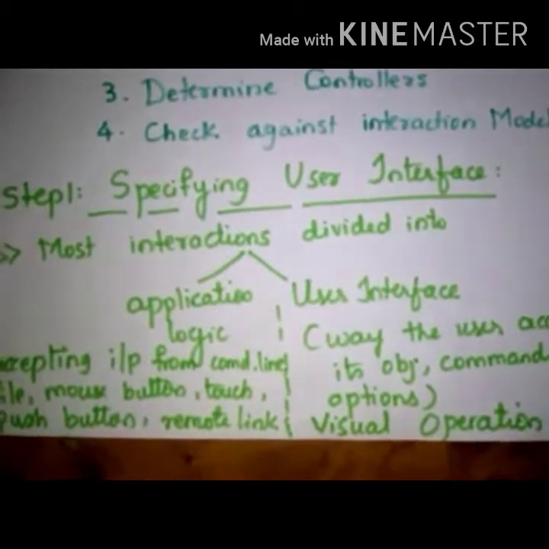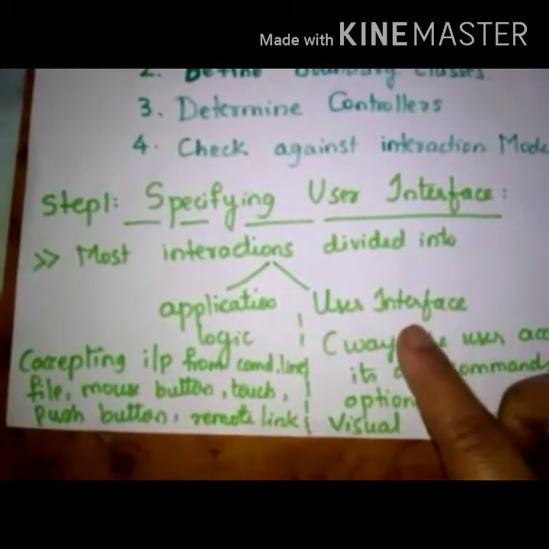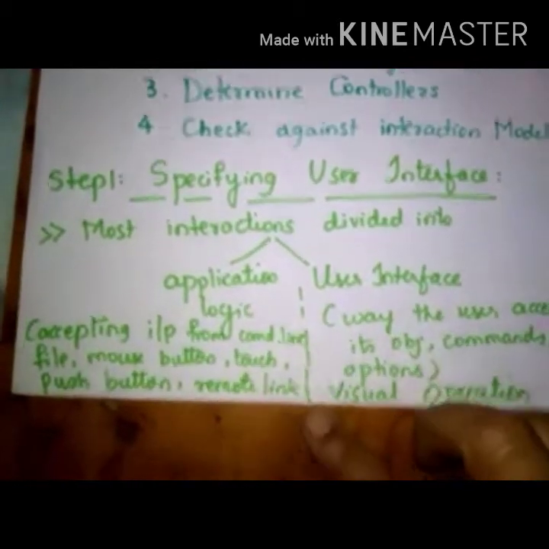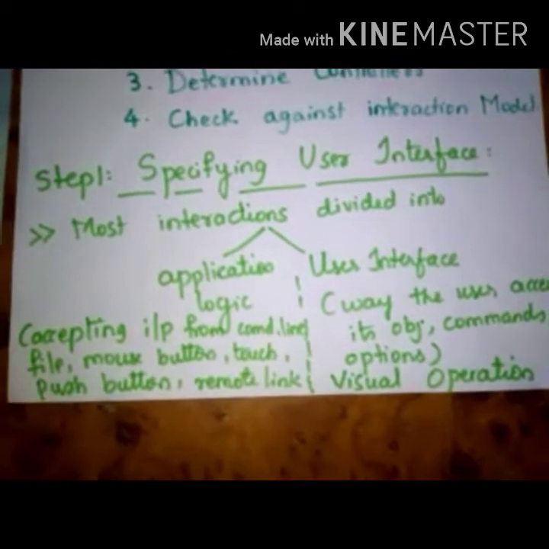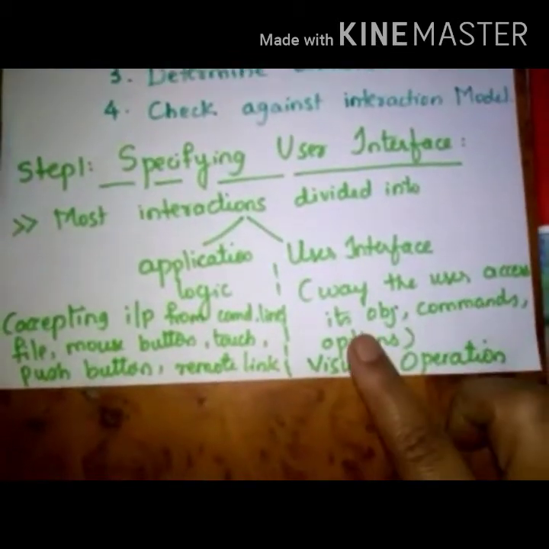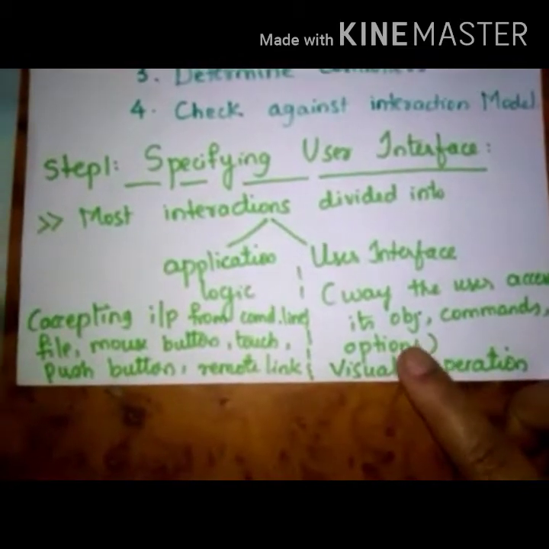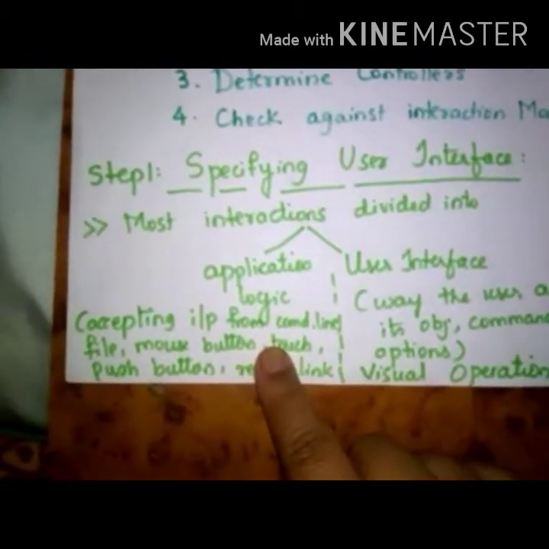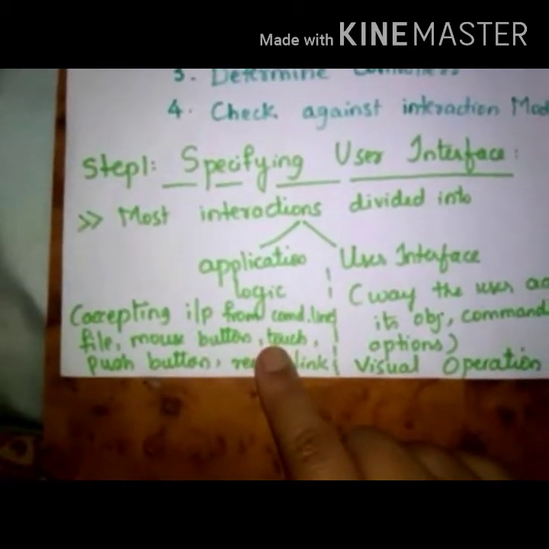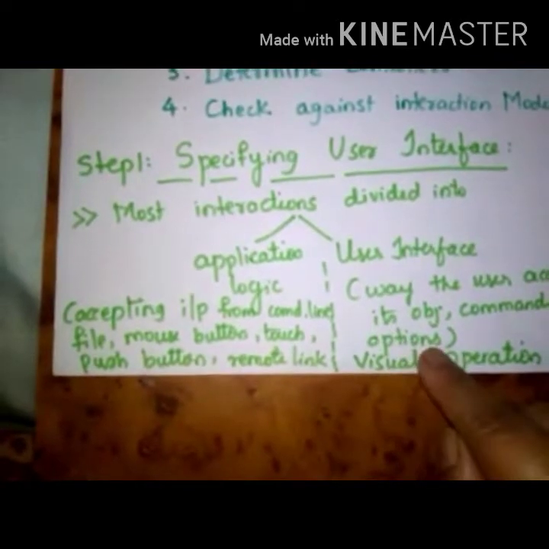Most interactions are divided into two parts. One is the application logic and the other is the user interface. The user interface deals with the visual operations, like the way the user accesses the objects or the commands and the options which are provided to him on the screen. And next is the application logic, which deals with how the system has to react when the user works with the objects in the user interface.